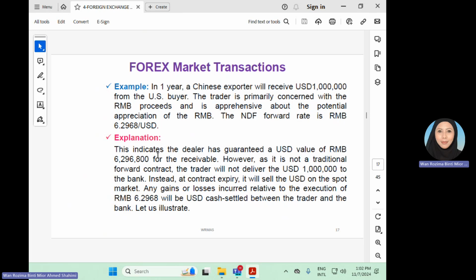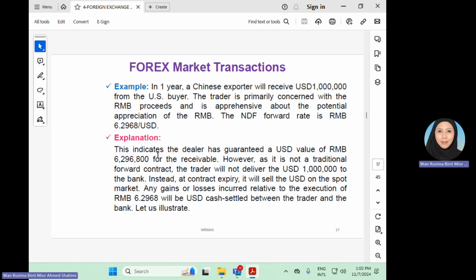So somehow you have to exchange the USD that you receive to your own currency, because our own currency is not USD. So the trader is primarily concerned with the renminbi proceeds and is apprehensive about the potential appreciation of renminbi.